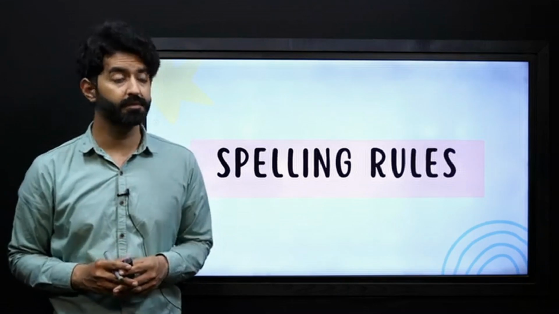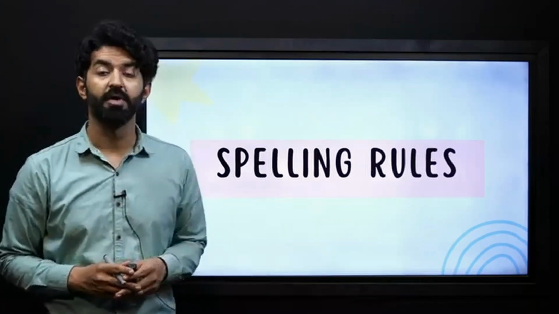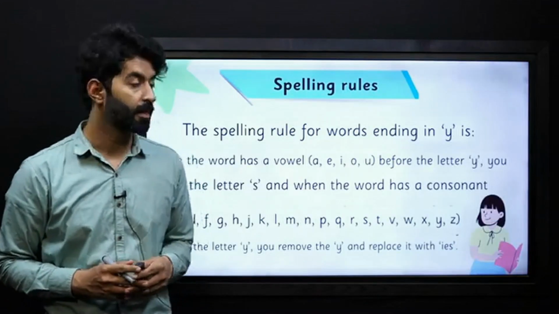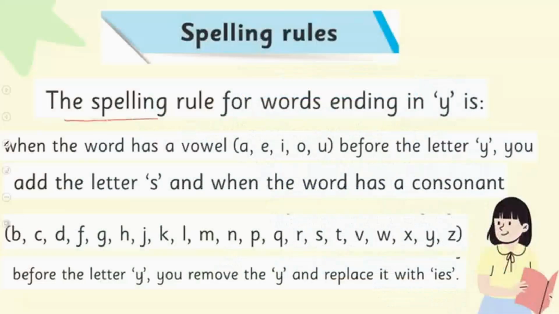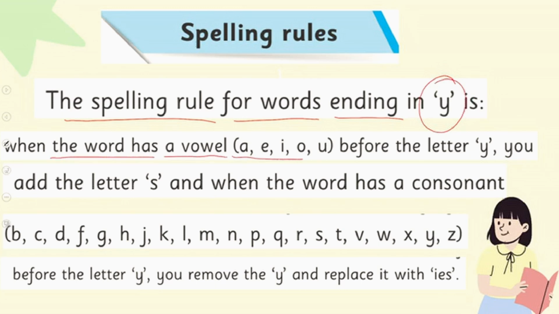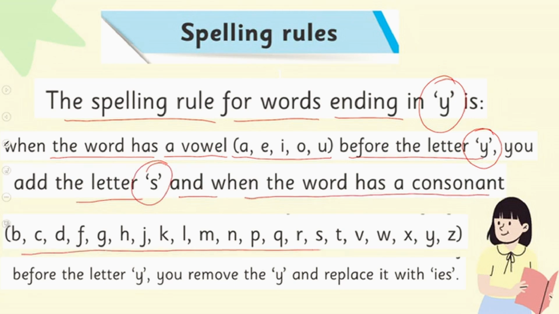Now let's move on. We have our spelling rules. Now let's see what they are. The spelling rule for words ending in Y is: when the word has a vowel, all these vowels A, E, I, O and U, before the letter Y, you add the letter S, and when the word has a consonant, all these consonants, before the letter Y, you remove the Y and replace it with IES.